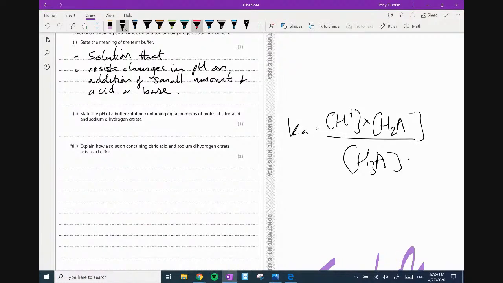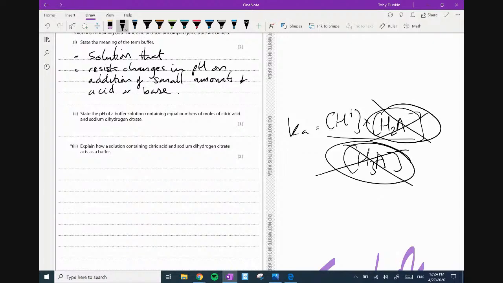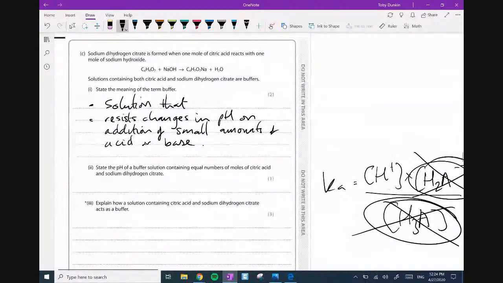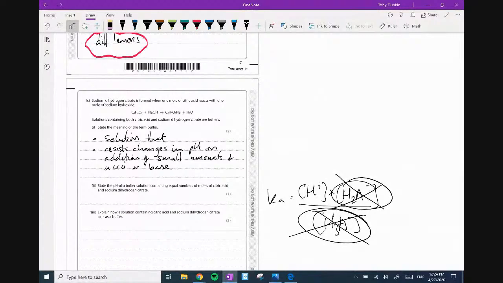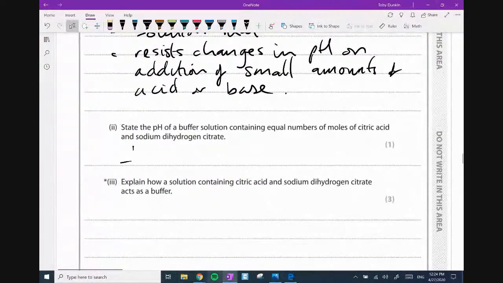They're saying equal moles, so they cancel. pH equals pKa. What was the Ka value? What was the first? 3.13. Minus log. It's clever, isn't it? Minus log 3.13.